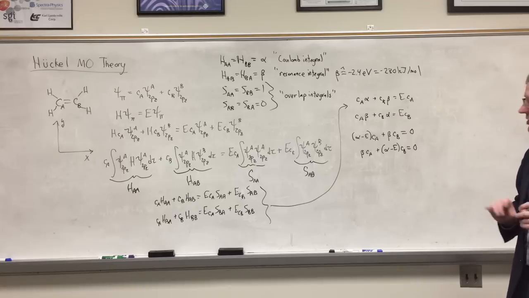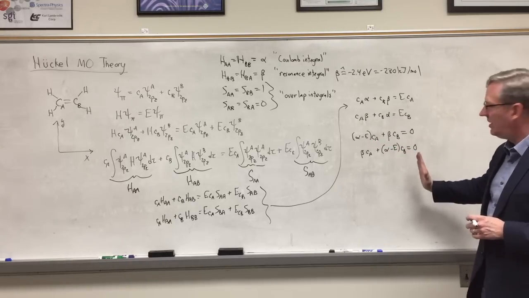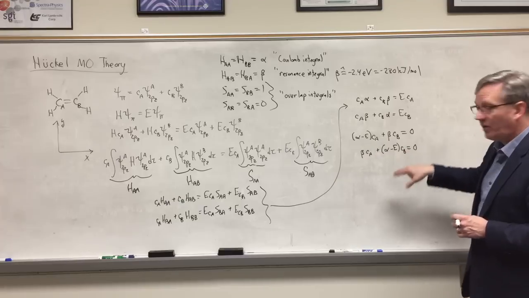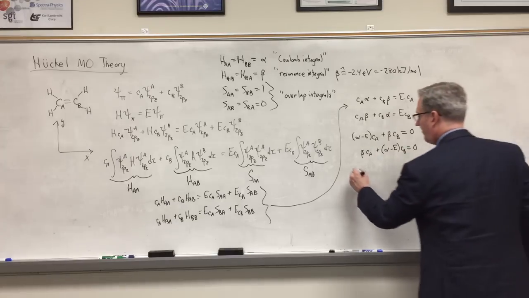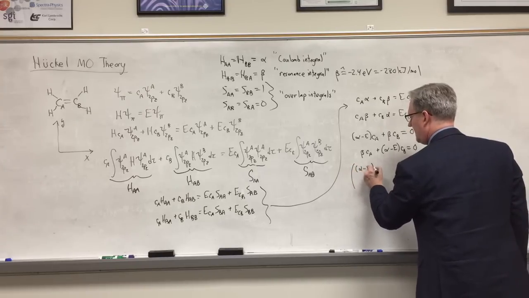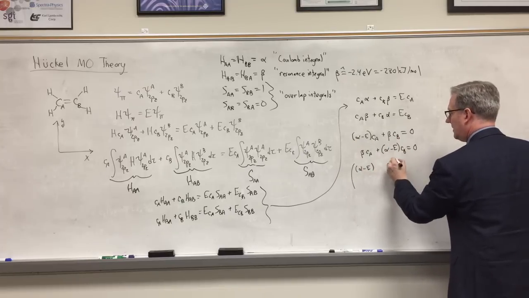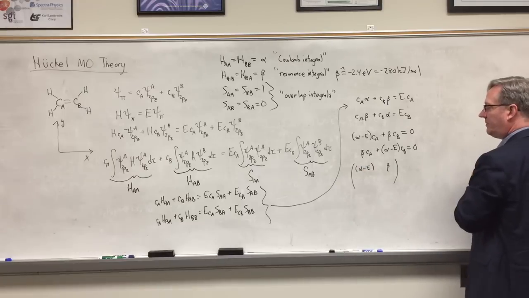This one's only going to be a 2x2 matrix where I collect the C coefficients in a vector and the coefficients in front of the C coefficients in a matrix. So what do I find? I get alpha minus E, that's the first coefficient, and then beta. So there's my first row of my matrix.